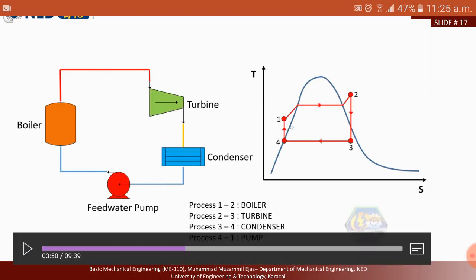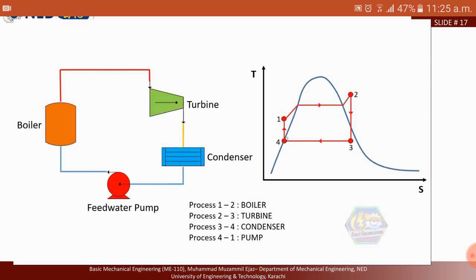So I just revise once again that process 1 to 2 is for the boiler, where the water is converting from liquid state to superheated state, not only gaseous state but superheated gases like superheated steam.